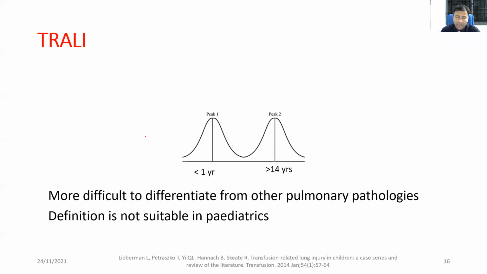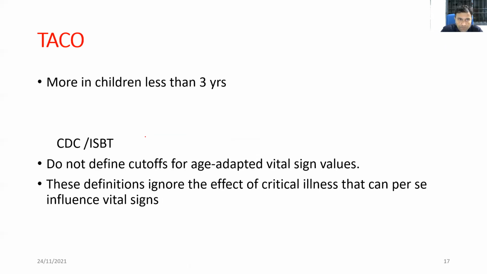The other reason given why TRALI is probably less common is that it is more difficult to differentiate from other pulmonary pathologies in this population, and the definition that is available is also not suitable for pediatric usage.